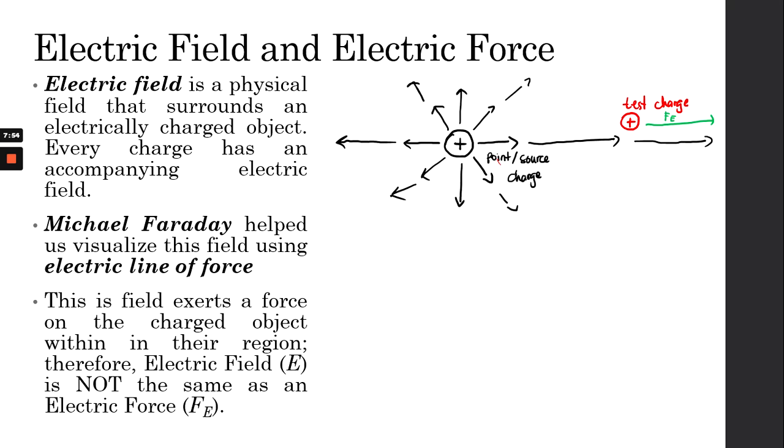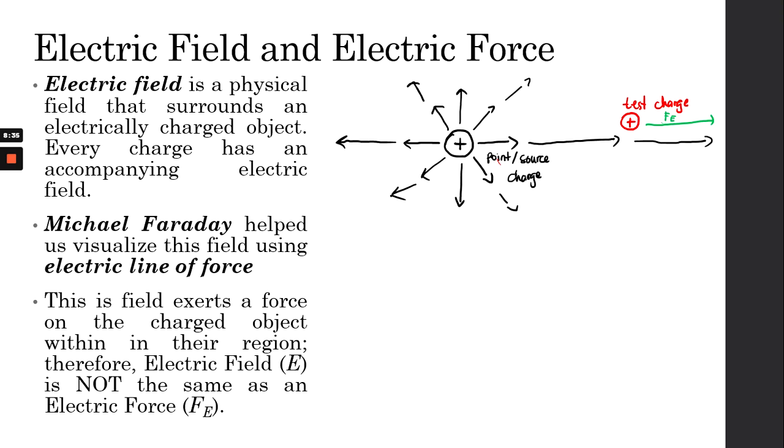So even if they don't have physical contact, the source charge can push away our test charge and exert a repelling force because of its surrounding electric field. And we visualize the surrounding electric field via electric lines of force. This is the reason why even without contact, two charges can repel each other. Or even without contact, a negative and a positive charge would attract each other.